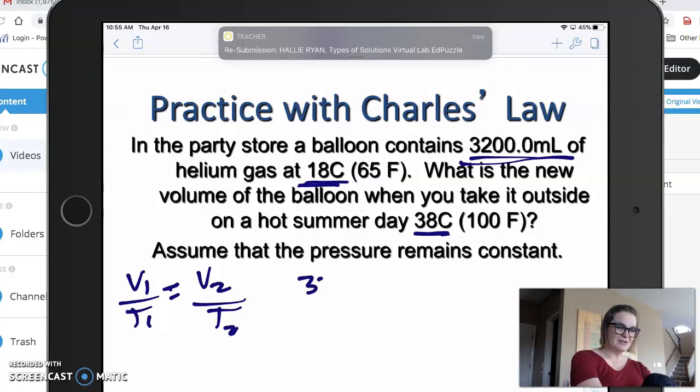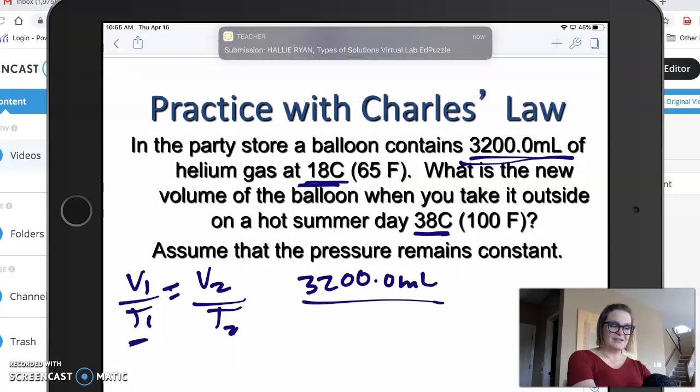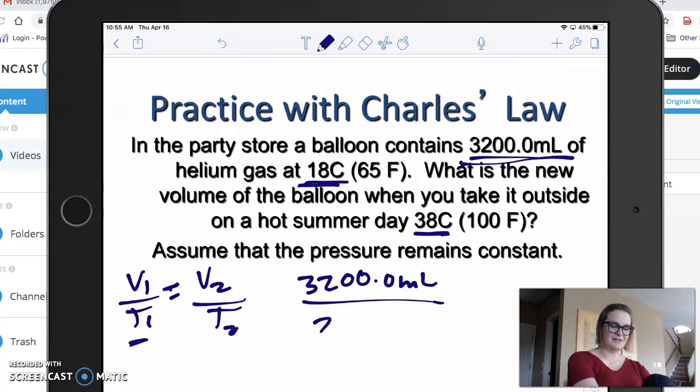So I'm going to write my initial volume as this. We need to figure out T1, 18 degrees Celsius plus 273 is 291 Kelvin. And now I'm changing the temperature to 38 degrees Celsius. 38 degrees Celsius plus 273 is 311 Kelvin. And we're just solving for V2.